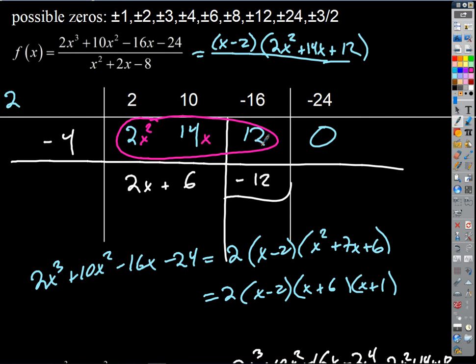And then our remainder was 0. So we could factor a 2 out of that. If we undistribute a 2, we just get x squared plus 7x plus 6, and that factors pretty easily, doesn't it? So once we found 1 zero, the rest was pretty simple, right? Because then we're left with a quadratic, and that's no big deal. So we got the numerator of our polynomial all factored.